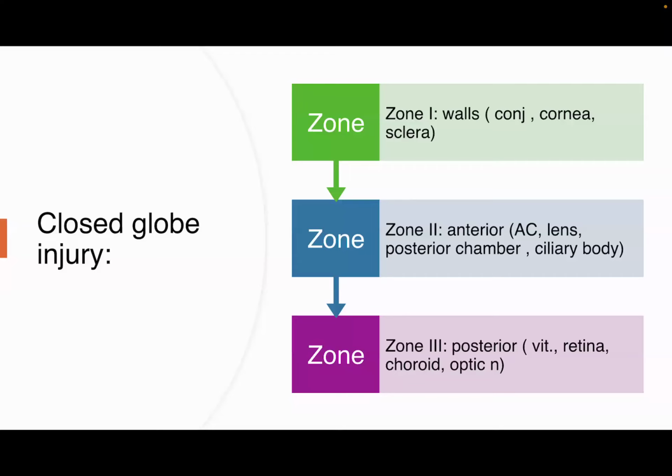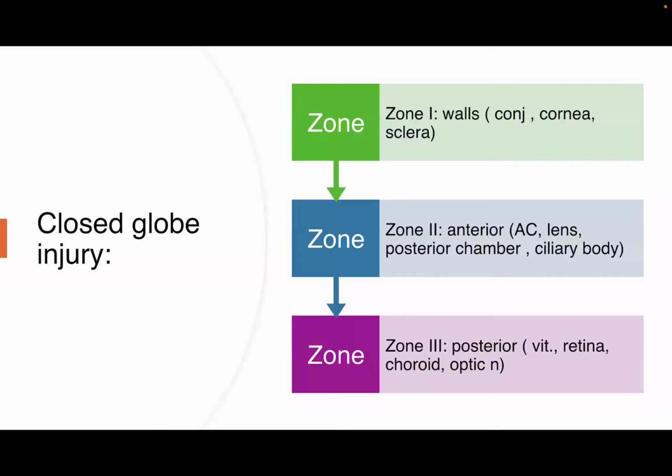Going inward into zone two, which means the anterior part of the globe, like the anterior chamber, the lens, the posterior chamber, and the ciliary body, pars plicata. Actually, zone two means that we are going from the back of the cornea till the posterior capsule. This is what I always remind myself.